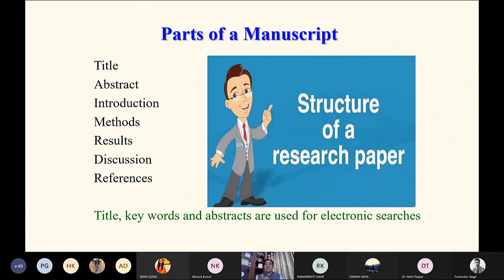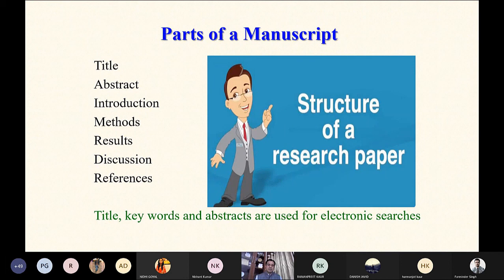No, it is not like that. No one is going to bother about the title, no one is going to read the abstract. We have to give equal importance to all the parts of the manuscript. Whether it is the title, the method, or even the references part, they are important for the editor and the chief editor of the journals.